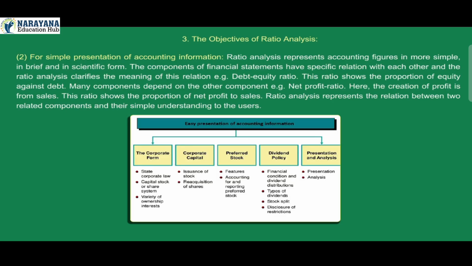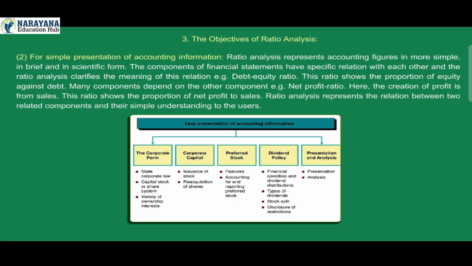2. For simple presentation of accounting information, ratio analysis represents accounting figures in a simpler, brief and scientific form. The components of financial statements have specific relations with each other, and ratio analysis clarifies the meaning of this relation. For example, the debt-equity ratio shows the proportion of equity against debt.